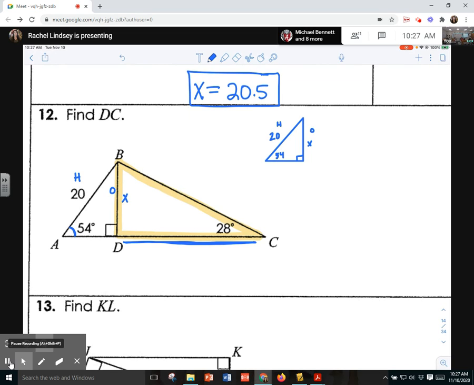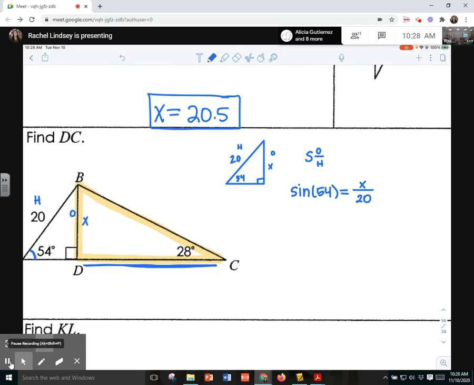So I use sine. So sine of angle 54 equals my opposite x over hypotenuse 20. So then I'll multiply both sides by 20.